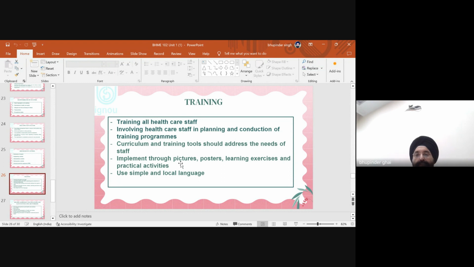Implement through pictures, posters, learning exercises, and practical activities. That means when you are giving training to your workers, use pictures, posters, learning exercises, and practical activities.